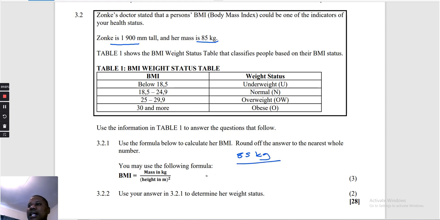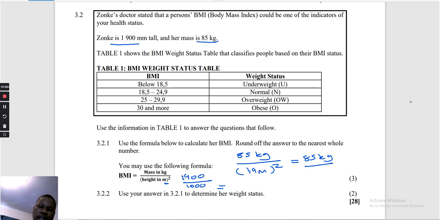Then let's go to the height. It's given in millimeters, so we need to take the millimeters into meters. How do we do that? We say 1,900 divided by 1,000. That is 1,9 meters. Then we square. So that is going to be 85 kilogram divided by 1,9 to the power 2.